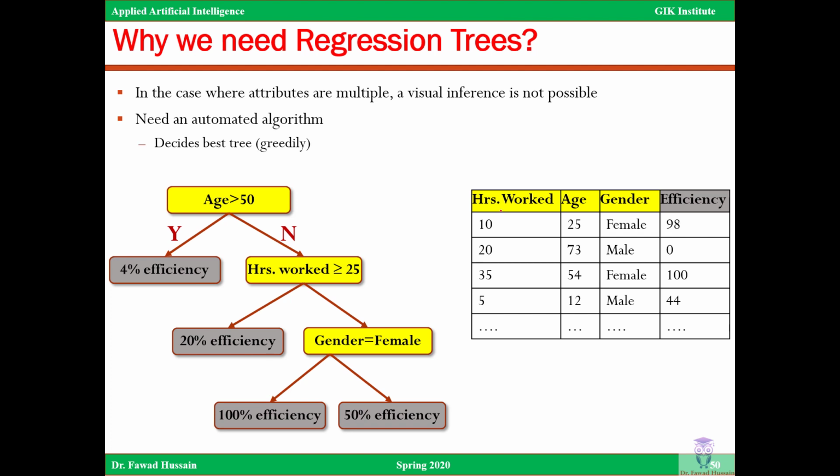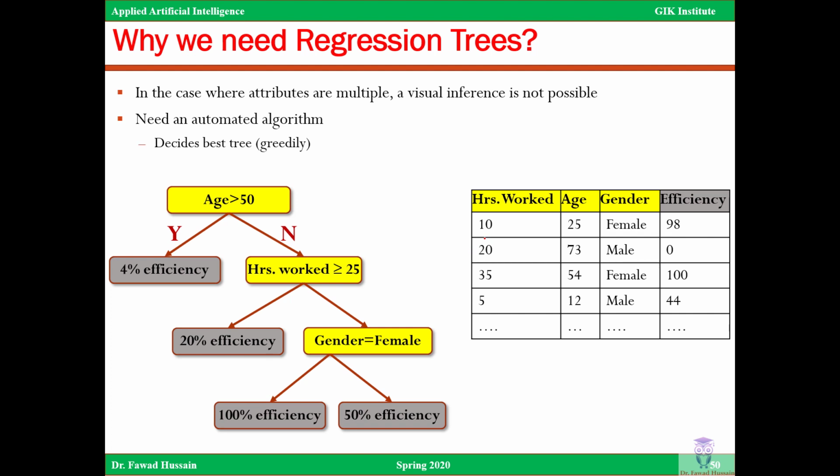Now it's going to be a 3-dimensional, 4-dimensional, 5-dimensional graph. So it is no longer going to be very easy to make a visual prediction of how you are going to get that value. So in this case, what we need to do is have a regression tree. So that's why the regression tree is a better way to deal with this problem.